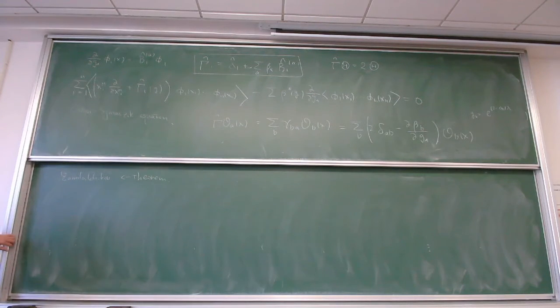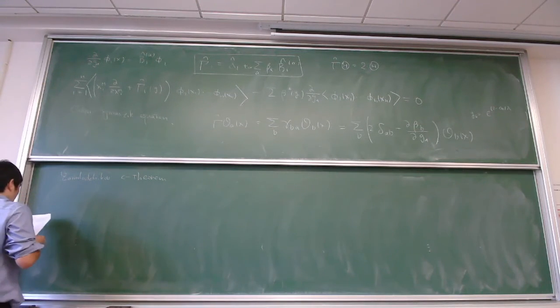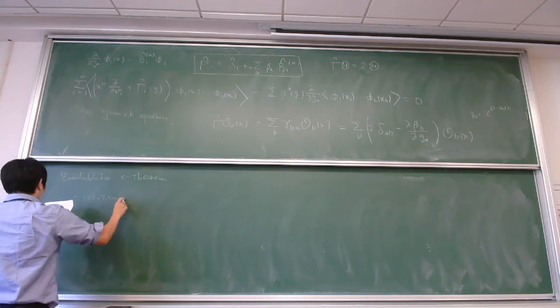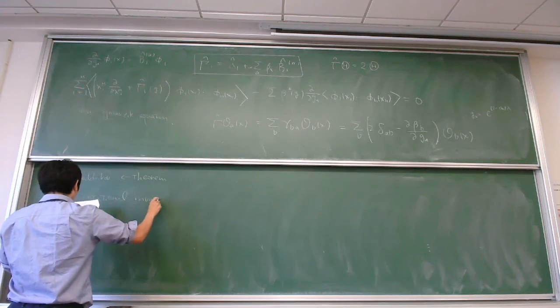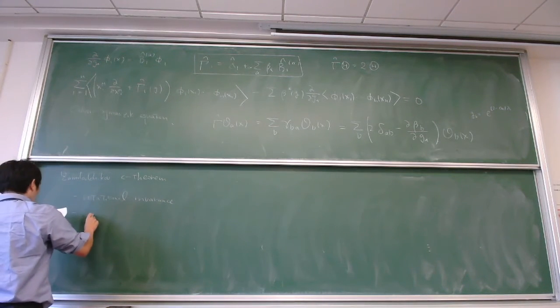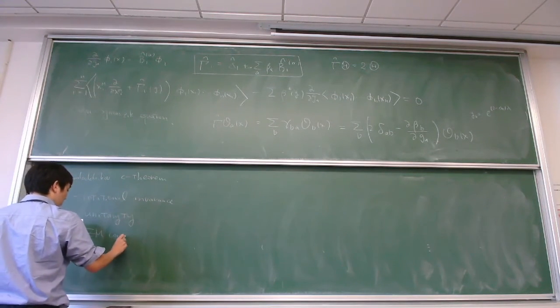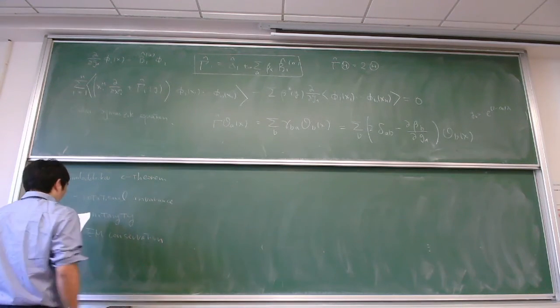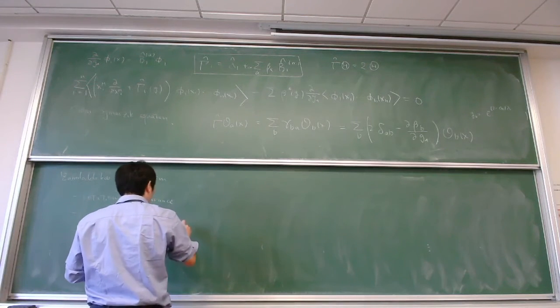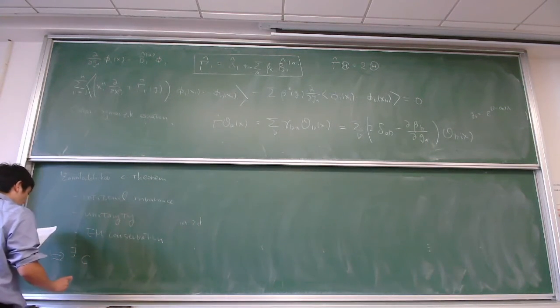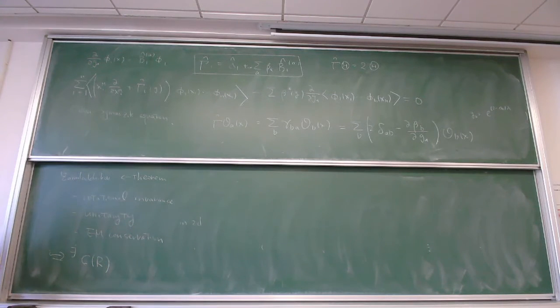The C theorem is a remarkable theorem. If you assume rotational invariance, and also unitarity, and then energy momentum conservation, in two dimensions, then there exists a quantity C that depends on the scale R, or lambda.